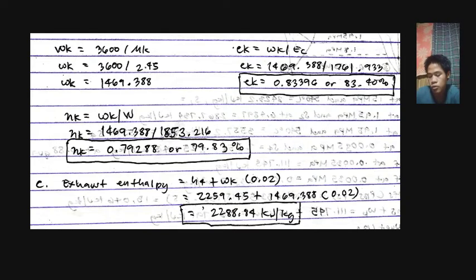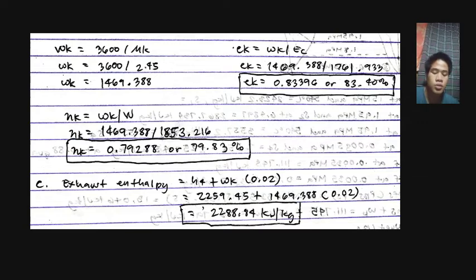WK equals 3,600 over MK. And since the value of MK is already obtained, MK equals 3,600 over 2.45. MK equals 1469.388.